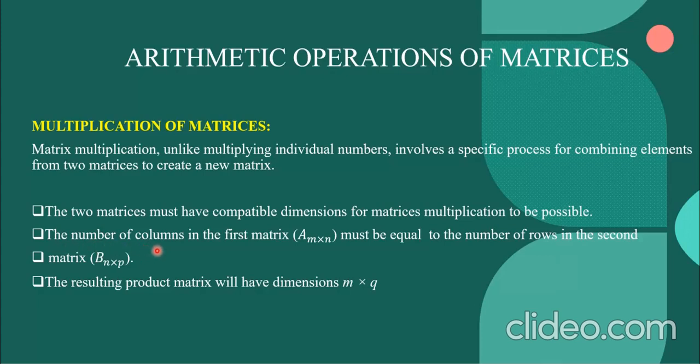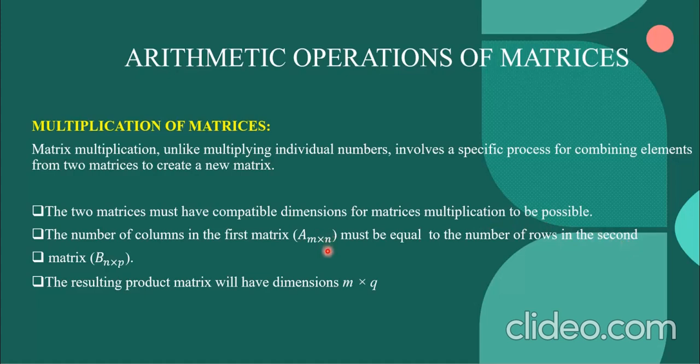So the number of columns in the first matrix must be equal to the number of rows in the second matrix. The number of columns is n.